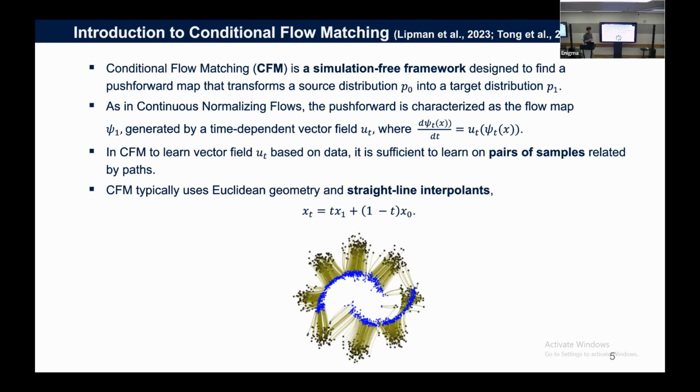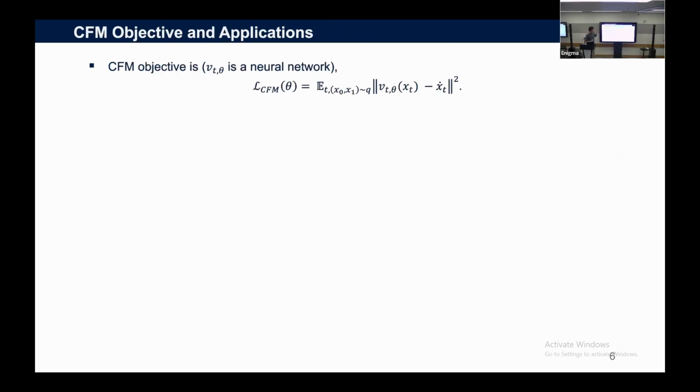The way it operates is you sample points x0 from your source distribution, say Gaussian, and you look at samples x1 from your target distribution, you connect them through a path, and then you do score matching. So you learn a vector field V parameterized by your neural network, and you learn this vector field by regressing to the velocities of all of these paths.